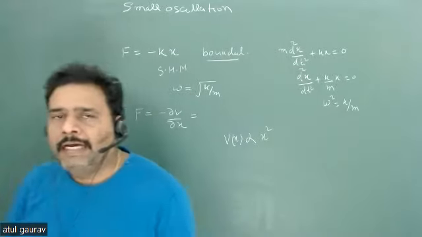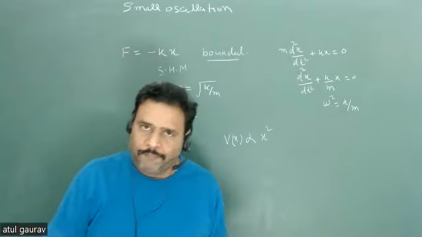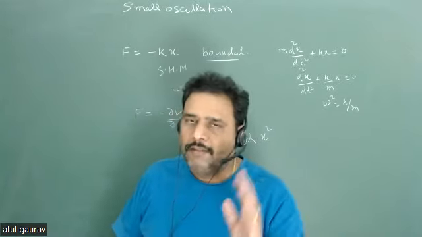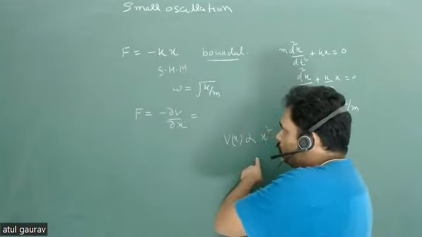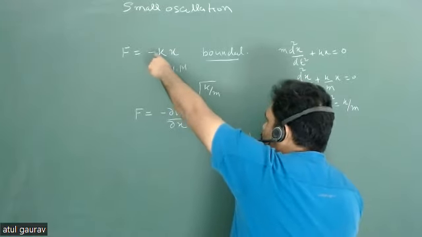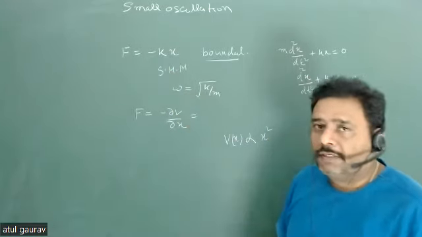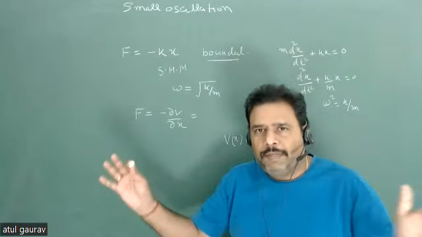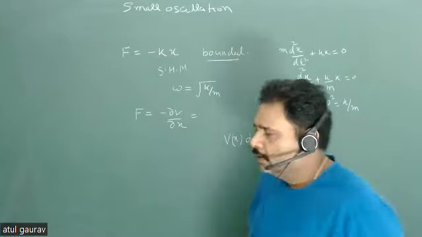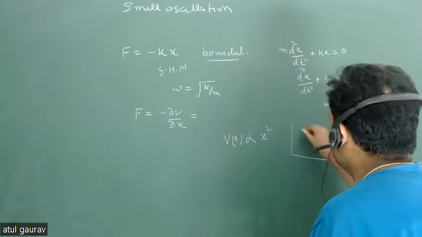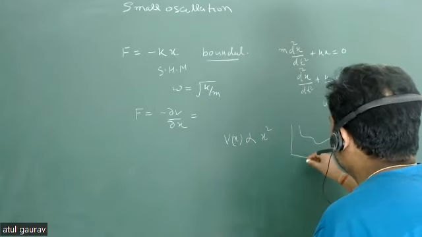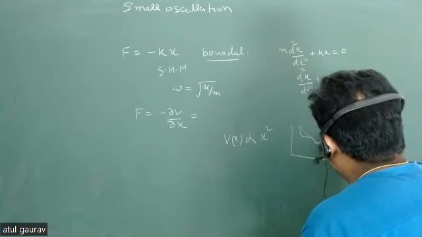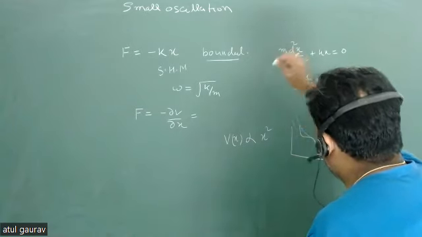So if we have linear force or parabolic potential with the positive sign in potential, the negative sign will come into force such that it is restoring in nature. Whenever you can approximate any potential, suppose you have this kind of potential, you can try to approximate it with some parabolic potential.